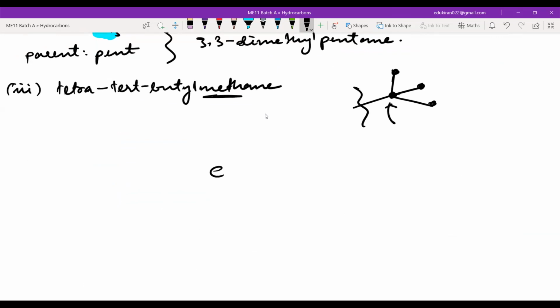The point of attachment here is at the 3-degree carbon atom, that is the tertiary carbon atom. You remember this, yes or no? Tert butyl, sec butyl, isobutyl. Yes, sir. Okay. So this is tetra tert butyl. Tetra tert butyl means this carbon has a tert butyl group attached, and how many? 4 tert butyl groups attached.